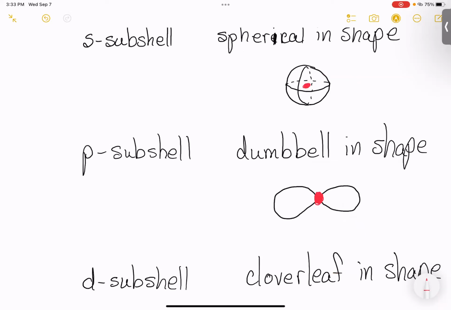But when we have the S subshell, we have what is called one orbital. Or in other words, it's just one sphere. When we have the P subshell, we have three orbitals.